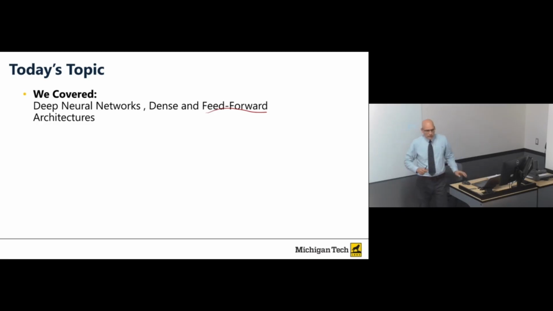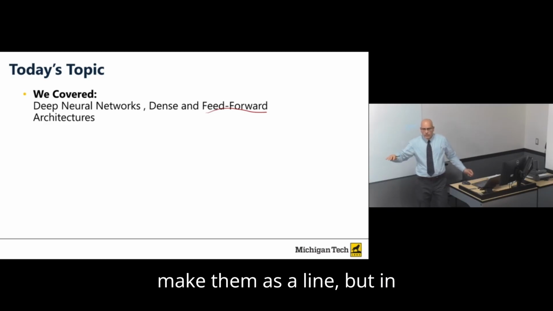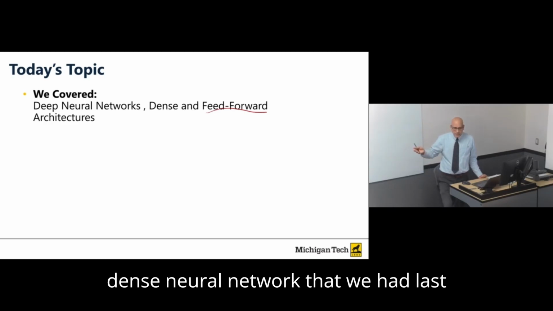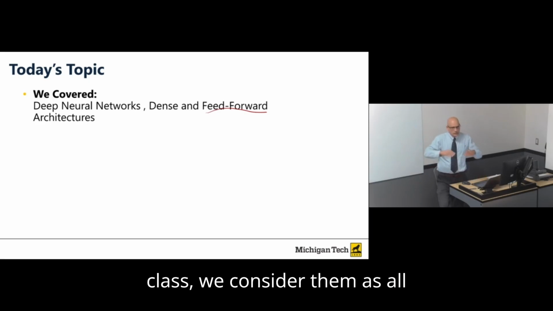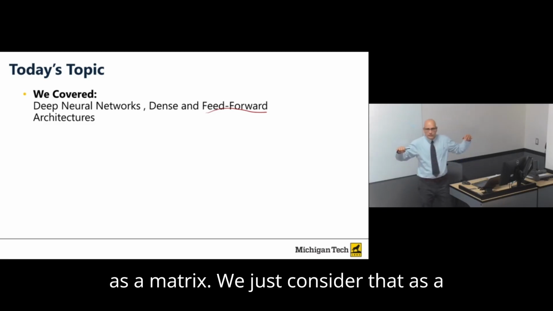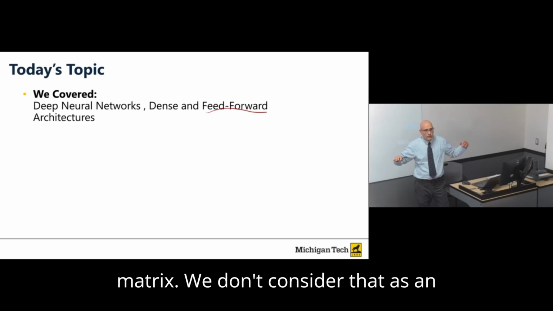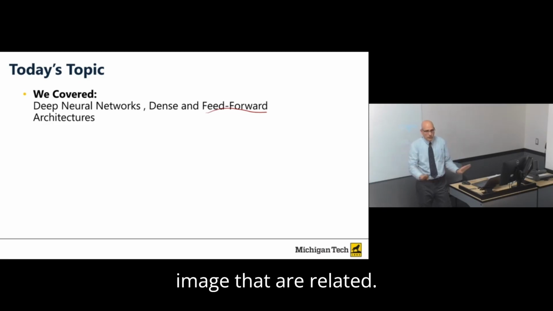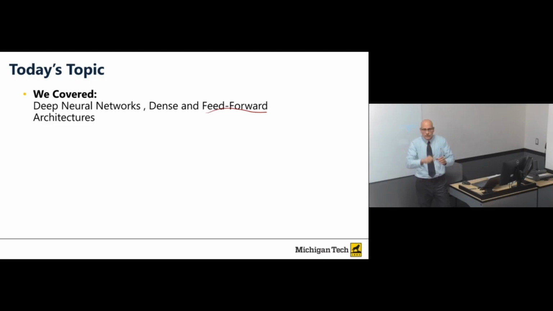You can make them a line, but in the dense neural network we had last class, we consider them as all flat, as a matrix. We don't consider that as an image where the pixels are related.